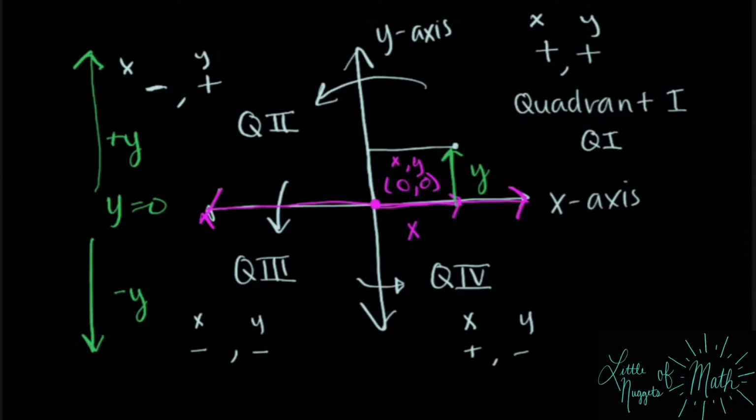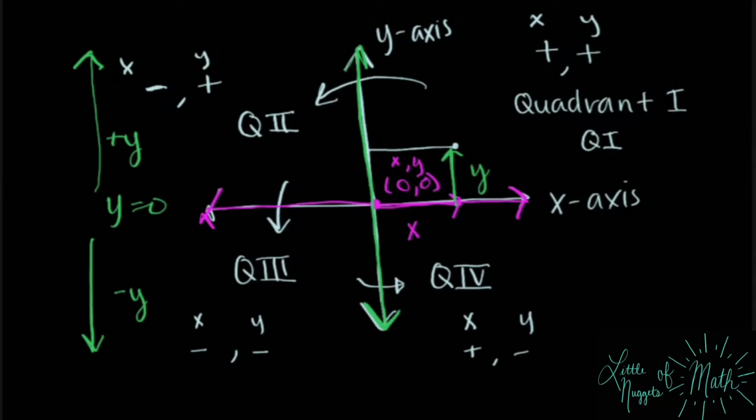The same idea can be applied to the y-axis, but in this case, when we go left to right, we're measuring the distance of x, the distance away from the y-axis.